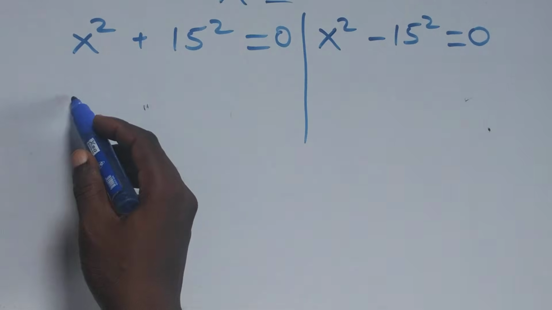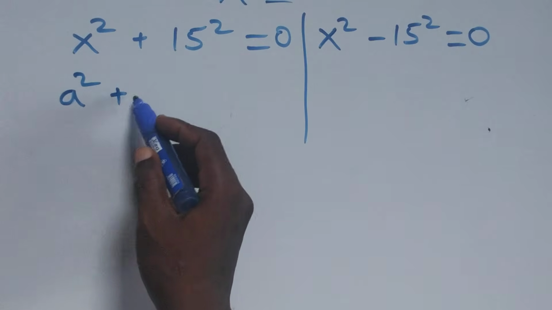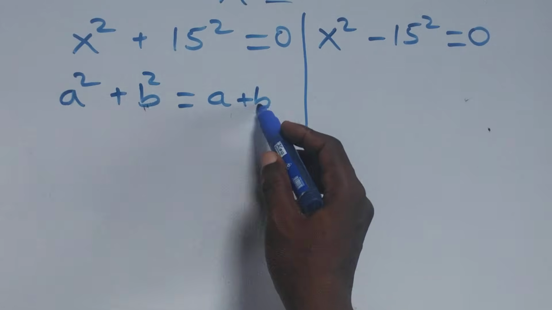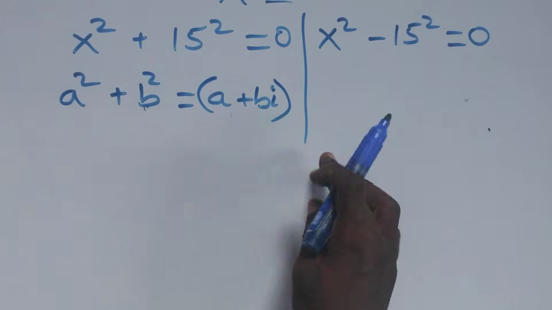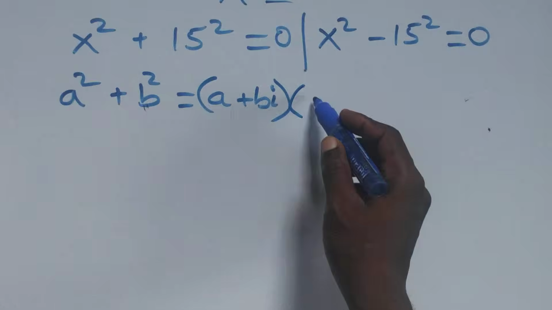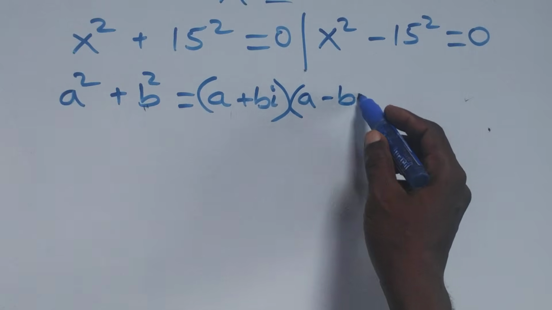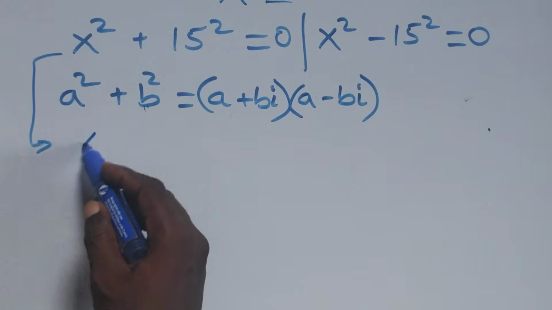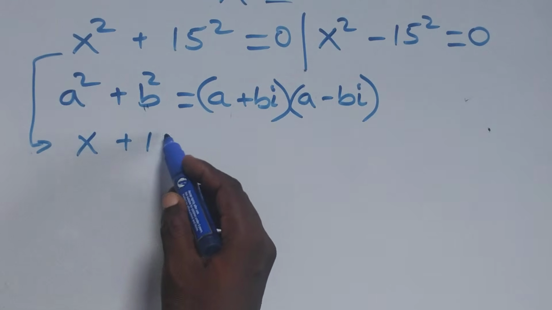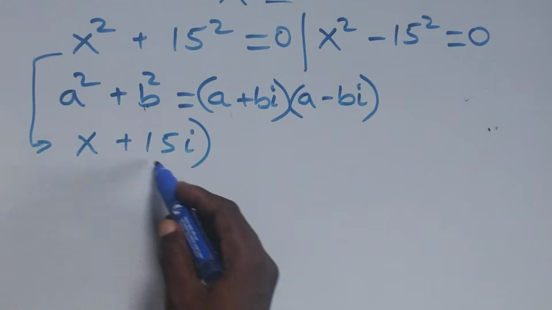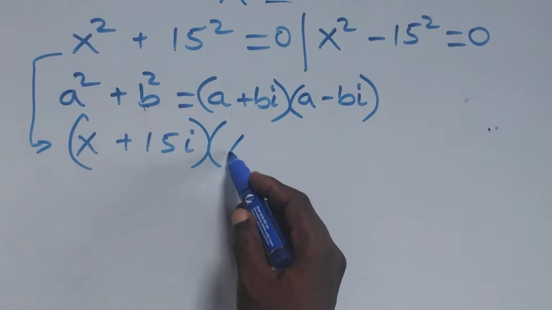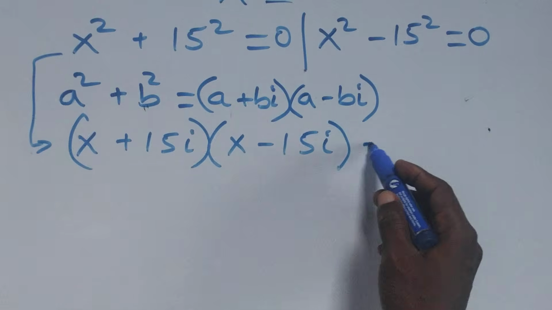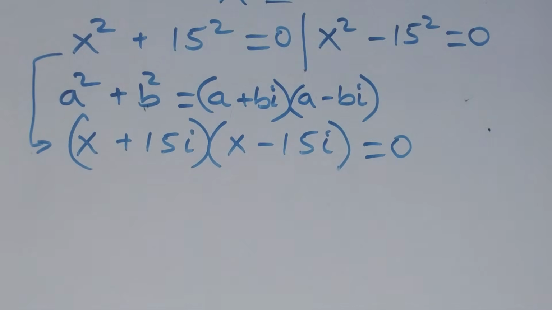Solving the first, this follows when we have a square plus b square, the same thing as (a plus bi)(a minus bi). That is, we can write it as (x plus 15i)(x minus 15i) equals 0.